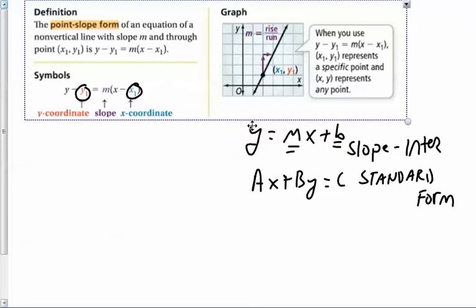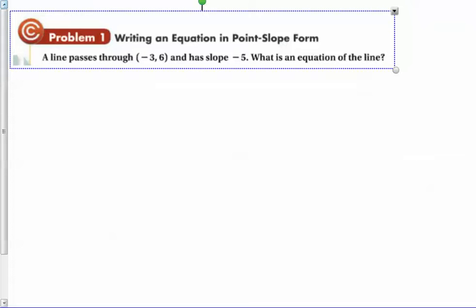Well, let's look. This one says the line passes through the point negative 3 comma 6 and has a slope of negative 5. What is an equation of the line? This is what's awesome about this. If you have point slope, which is y minus y1 equals m times x minus x1, well, it gave us the negative 3 and the 6.